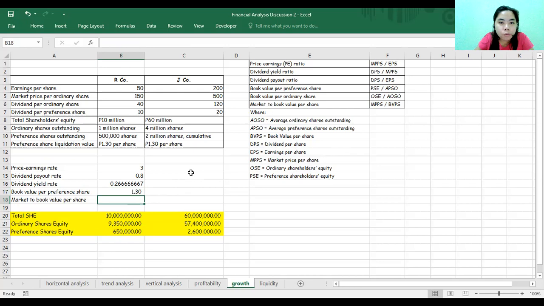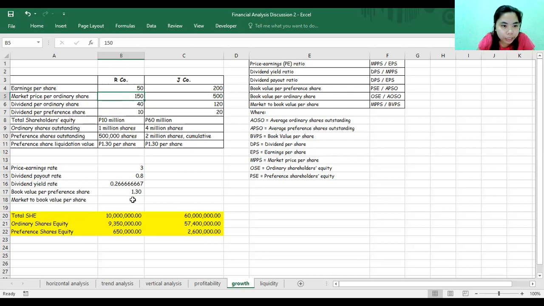And market to book value, that would be market price per share compared to your book value per share. Are we dealing with preference dividend? Book value per share.